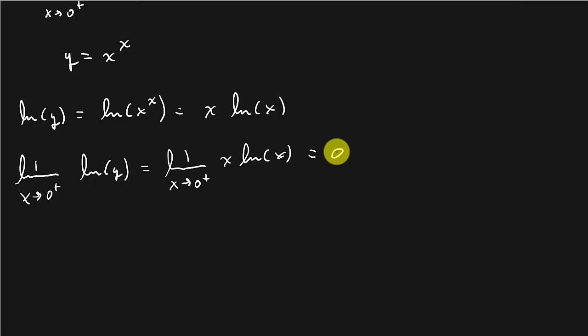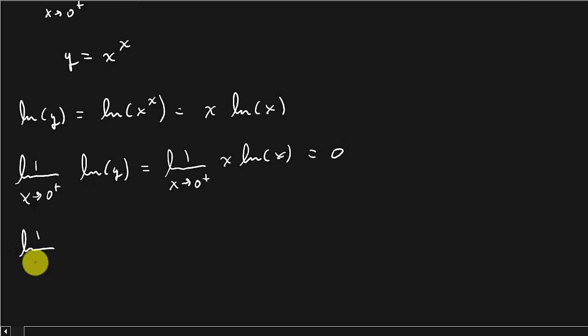And so now we've got the limit as x goes to 0 from the right of x to the x is equal to the limit as x goes to 0 of what? Of y.